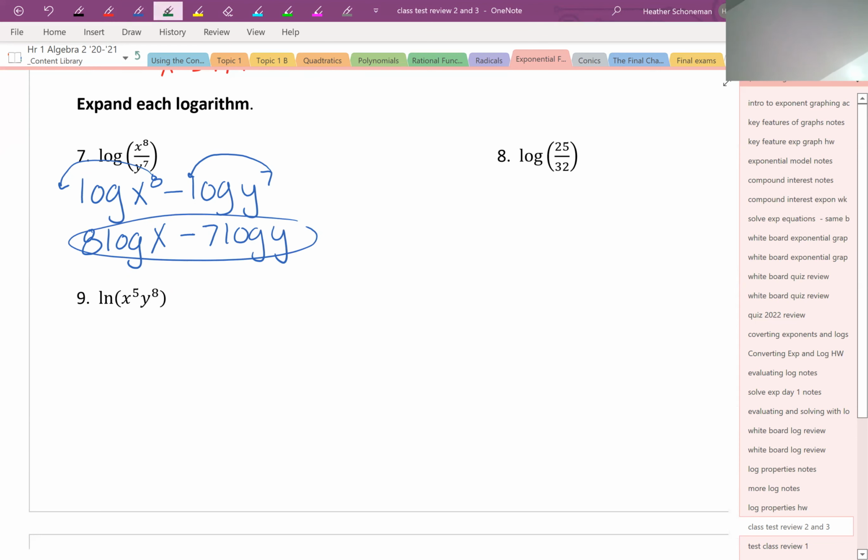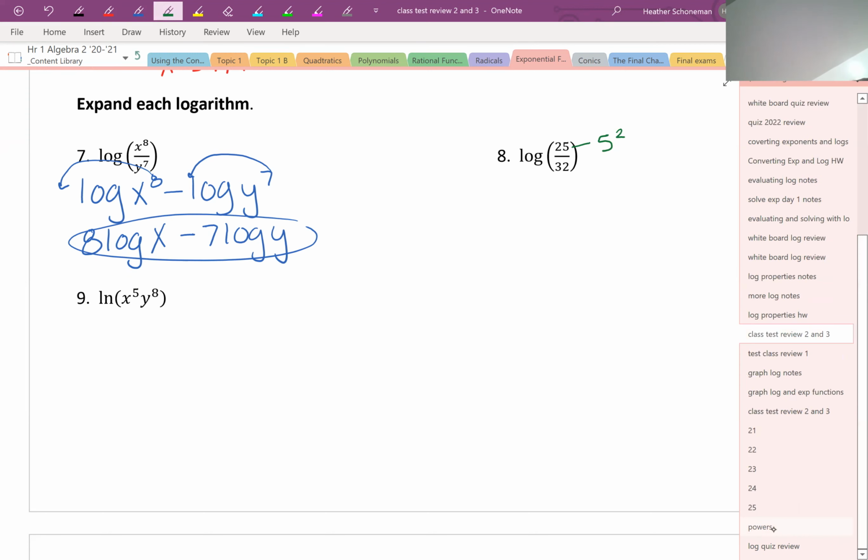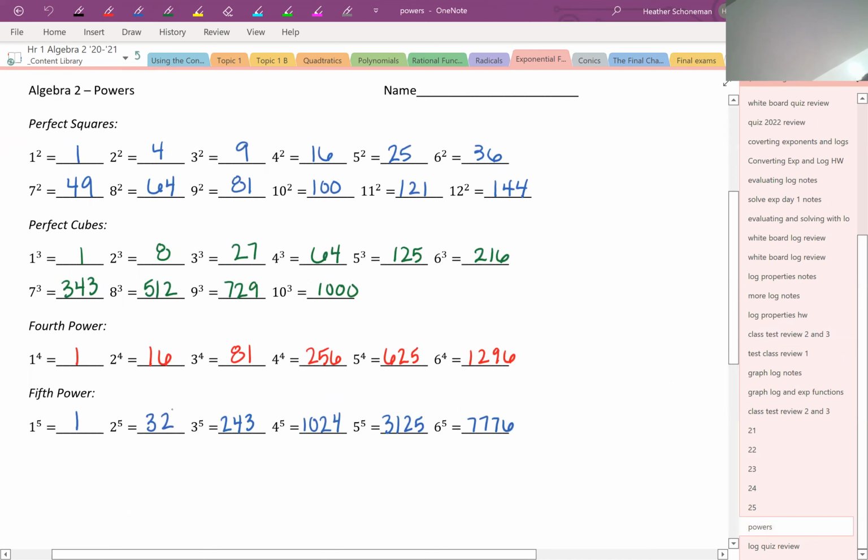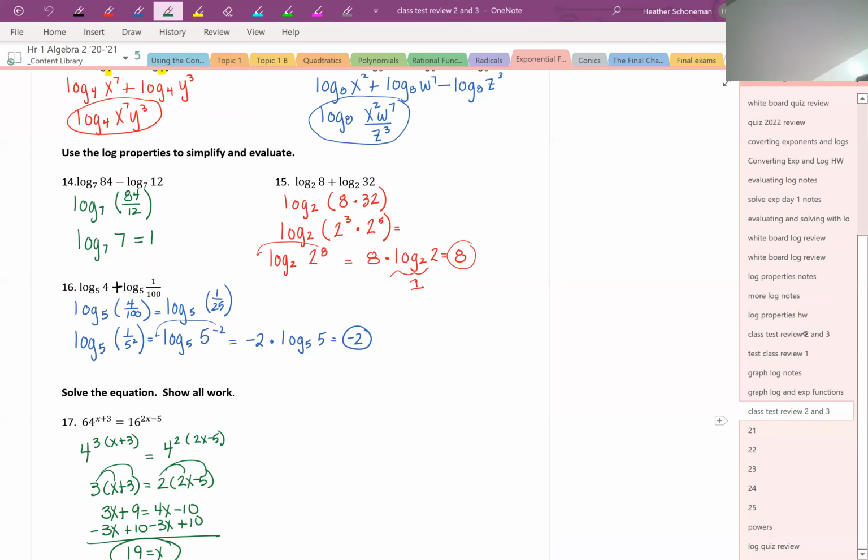Okay, number 8, I'm going to split it also with subtraction, but I know that I can rewrite this one. 25, pretty much everyone knows, is 5 squared. 32, you may not remember. So if I look at my powers list, the only place I have 32 is down here at the bottom with 2 to the 5th. Okay, that's the wrong one.